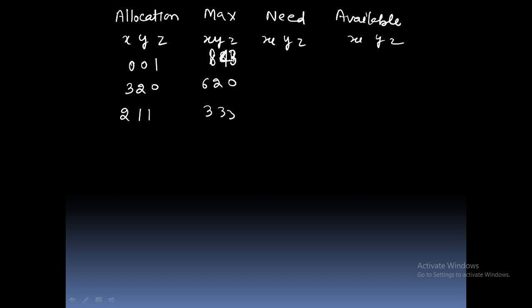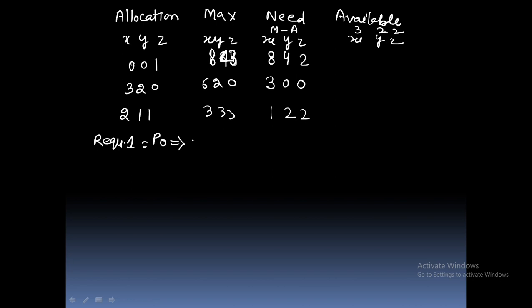843, 842, max minus allocation, 300, 122, and available is 322, and request 1 is given according to P0, that is 002, and request 2 is given by P1, that is 200.